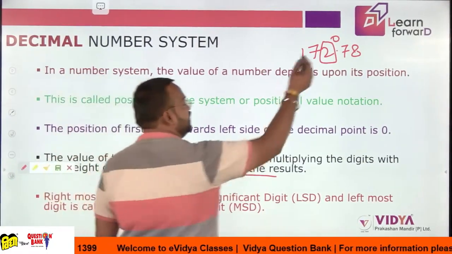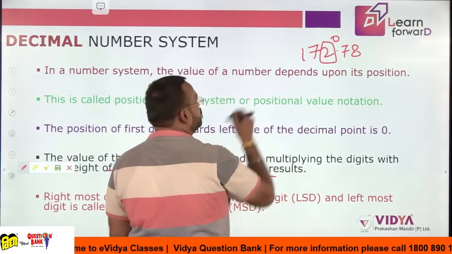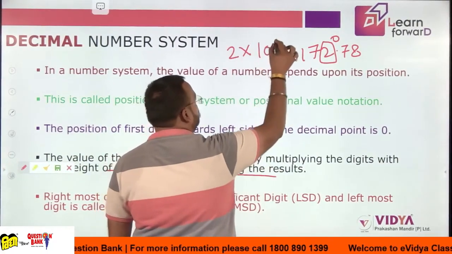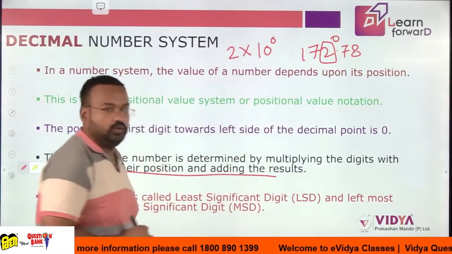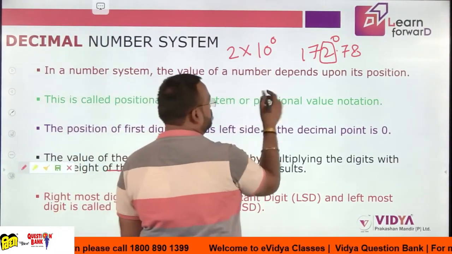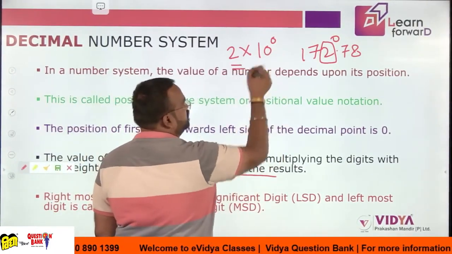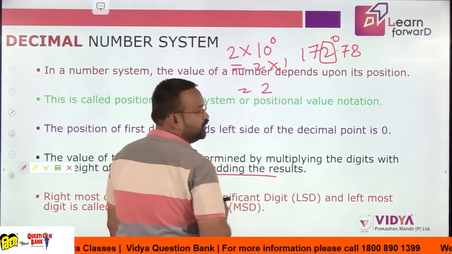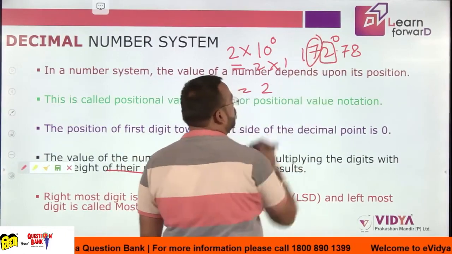That means if I have to get this value, it would be 2 into 10 to the power 0. 10 to the power 0 would be 1 and the value would be 2. Similarly, I have to get the value at this position.